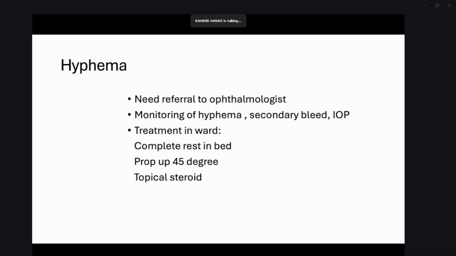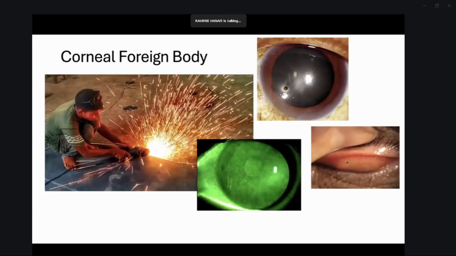What we usually do is have the patient rest completely in bed, propped up 45 degrees so that the blood comes down through gravity, and give a topical steroid.